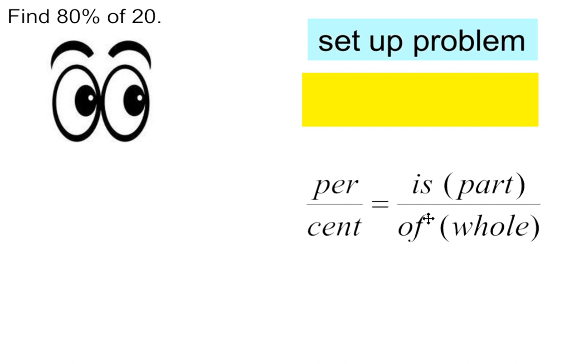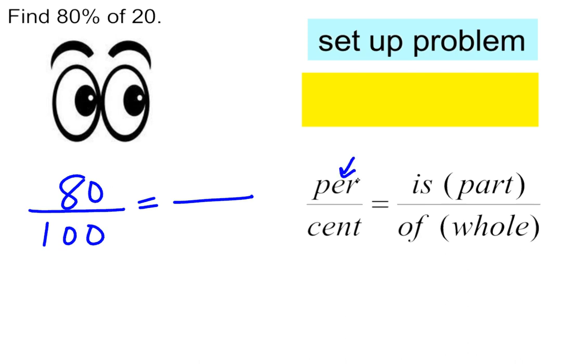So what we're going to do is take this percent. We know we're going to set it up, and this is 100, and this is the equal sign, a fraction equaling a fraction. Here's the 80%, so we're going to put the 80 where the percent goes, right? And then we're looking for the is, the part, and the of, the whole. This is a whole, so that number goes in the denominator. That means what we're looking for, this question mark right here, is the is.